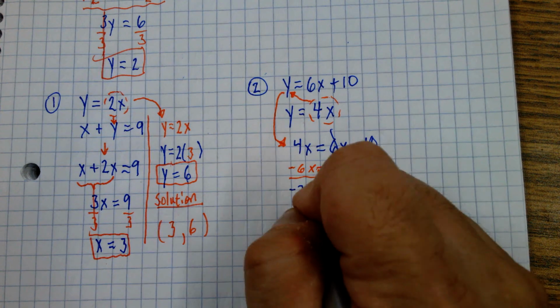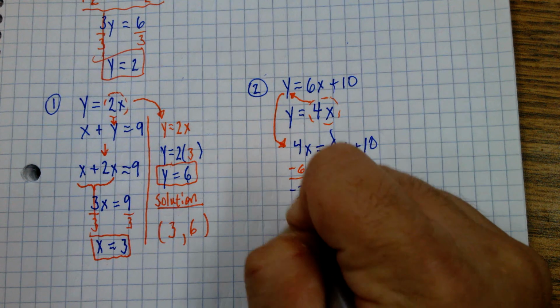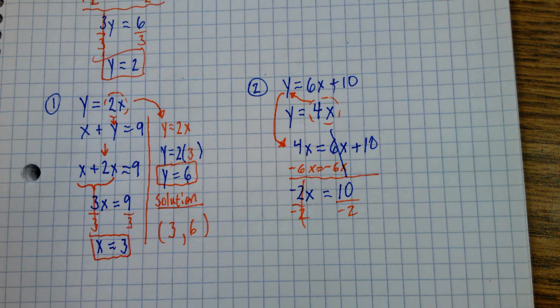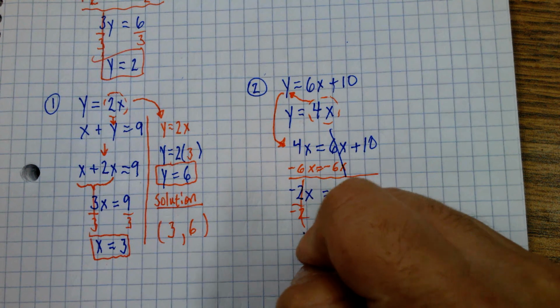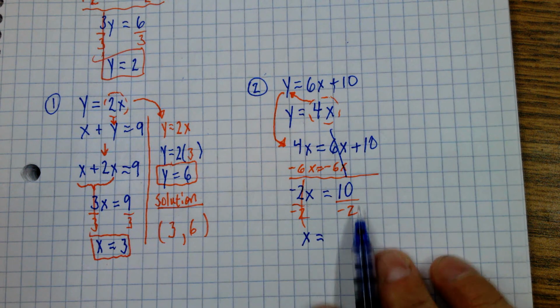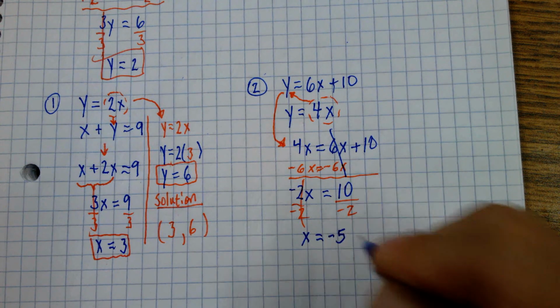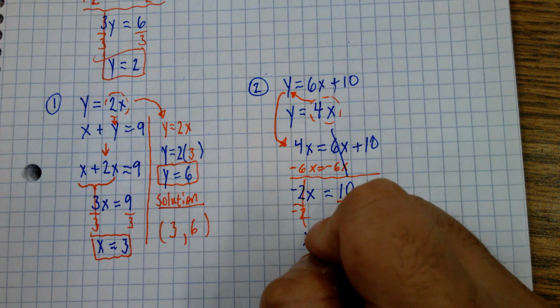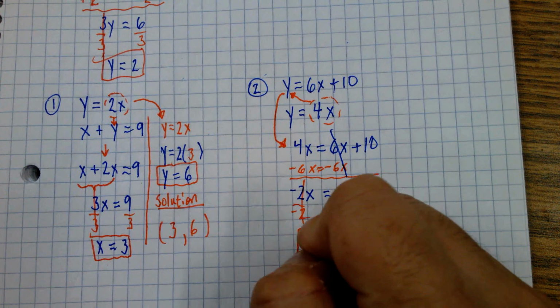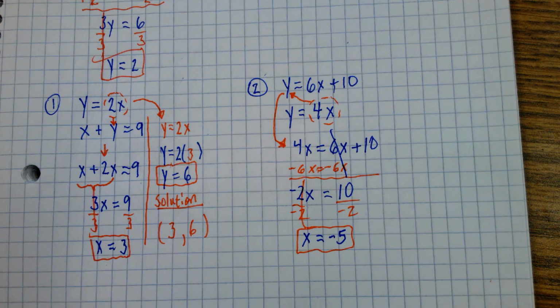Divide both sides by negative 2. Because I don't want that negative 2 with x. I want it gone. So divide it out. And I get x equals, well, 10 divided by negative 2. Negative 5. So I got the answer for x, negative 5. The x part we know now. It's negative 5. Okay.